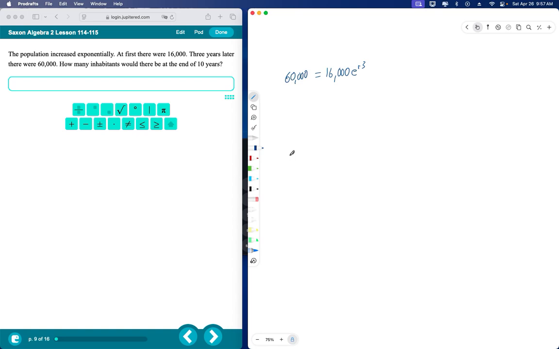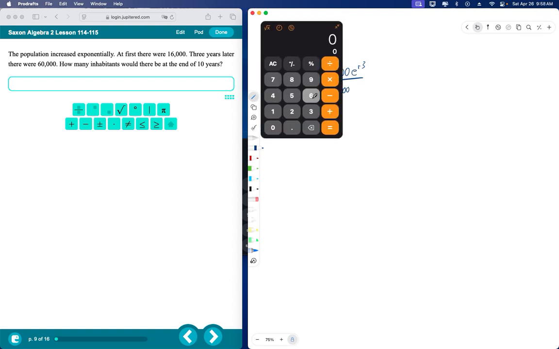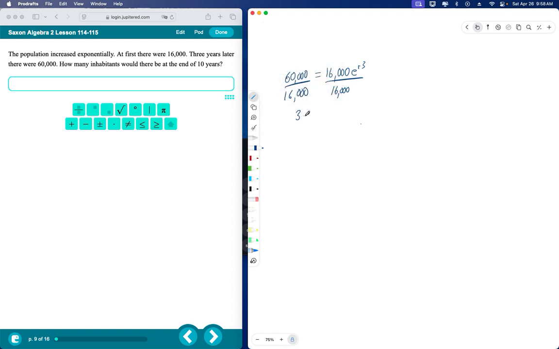Okay, divide by the number we know to find the rate. So that is going to be 60,000 divided by 16,000, which is 3.75, is equal to e^(3r).